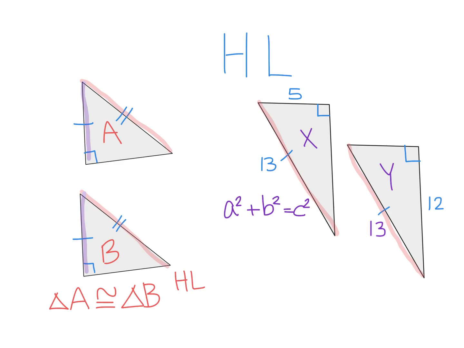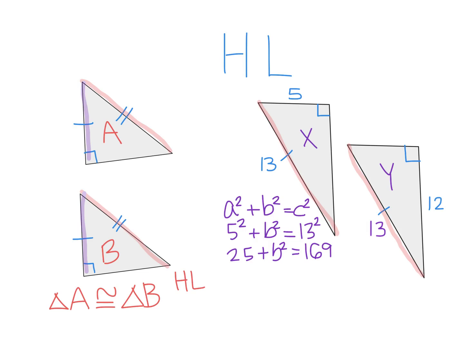A squared plus b squared equals c squared, where c represents my hypotenuse. So if I were to plug this in for triangle X, I have a leg of 5. The other side I'm trying to solve for, but I do know that I have a hypotenuse of 13.